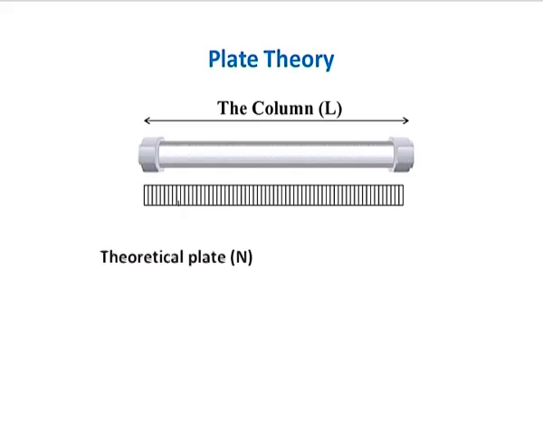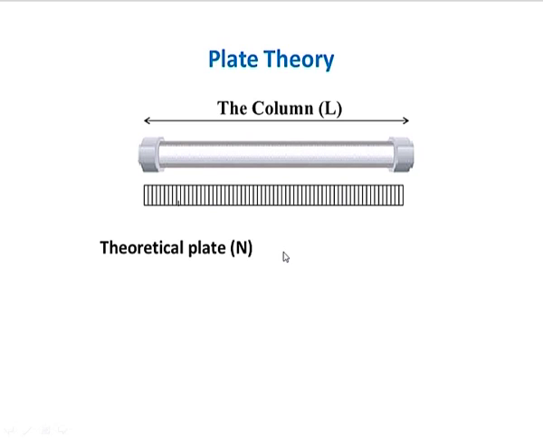What does plate theory basically say? Now, here is your column, right, of a length L. Now, to understand this plate theory, we need to visualize this column of length L into some very small minor segments which are shown here as bars, and each one segment is called a theoretical plate.